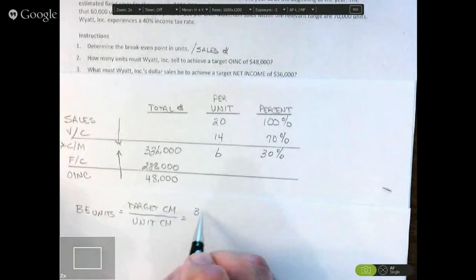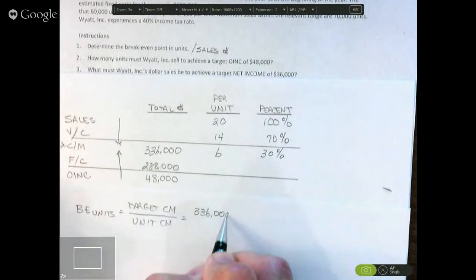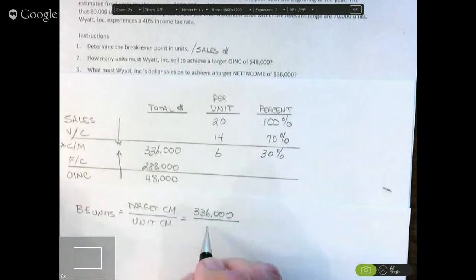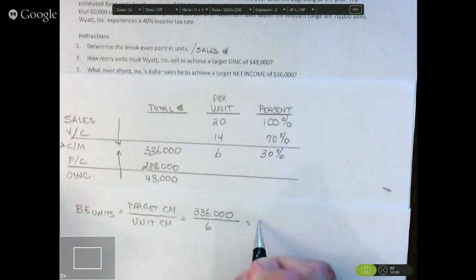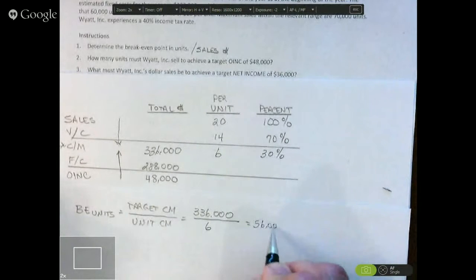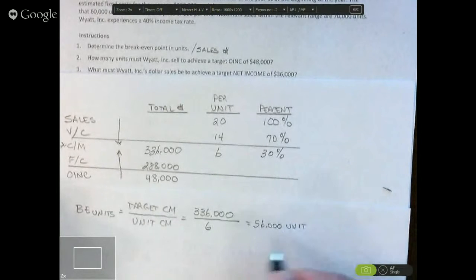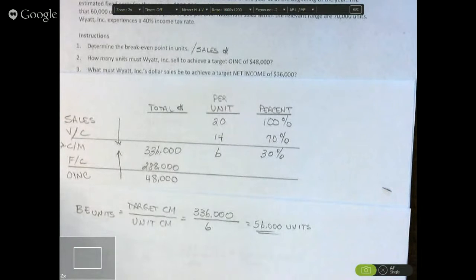Target contribution margin is $336,000 and the unit contribution margin is $6. So $336,000 divided by 6 means that the business should make or sell 56,000 units in order to attain the target profit. Let's check it to make sure that this makes sense.